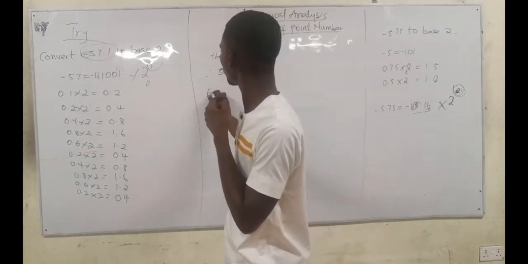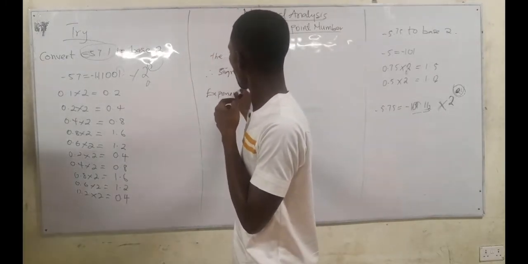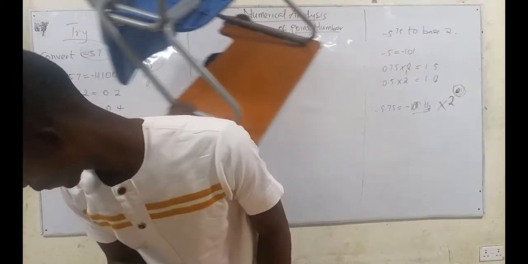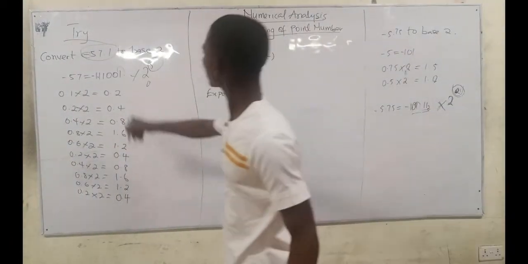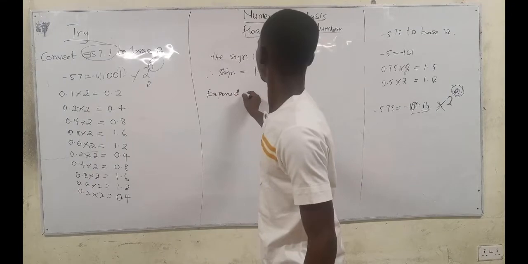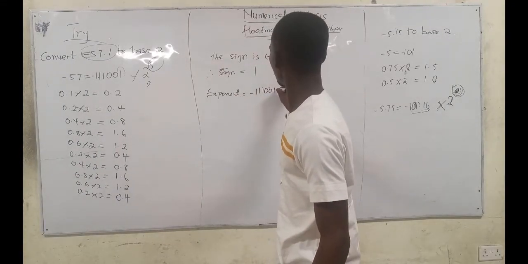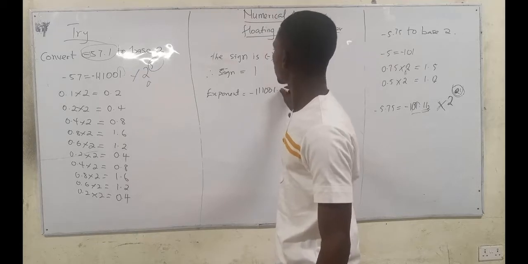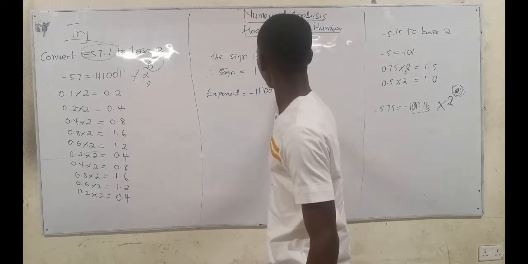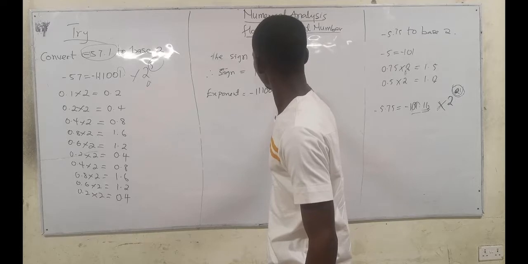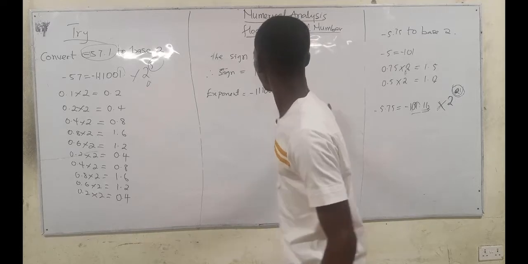Then you go to the exponent. What do we get for this? We got negative 111001 point 000. Like this.